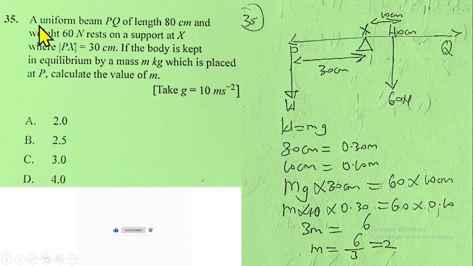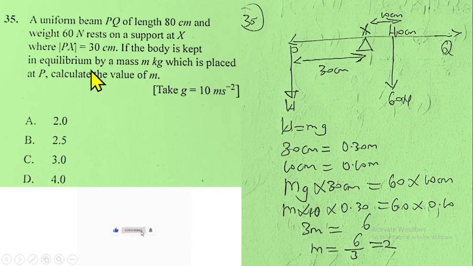A uniform beam PQ of length 80 centimeters and weight 60 newtons rests on a support at X, where PX is equal to 30 centimeters. If the body is kept in equilibrium by a mass of m kilograms, which is placed at P, calculate the value of m. Take g to be 10 meters per second squared.